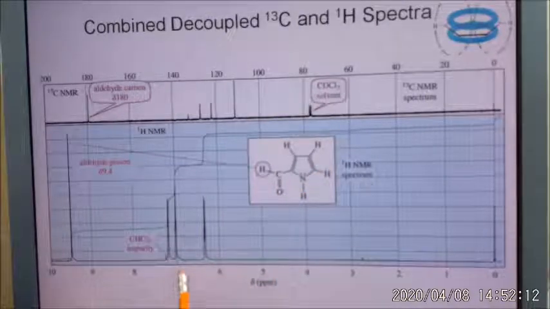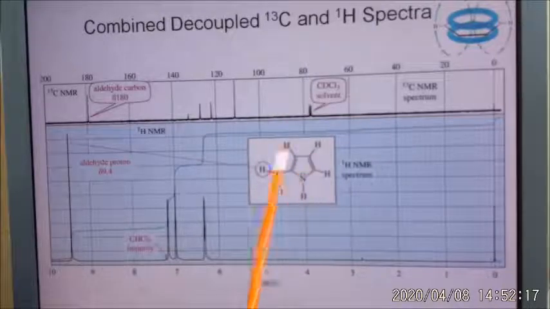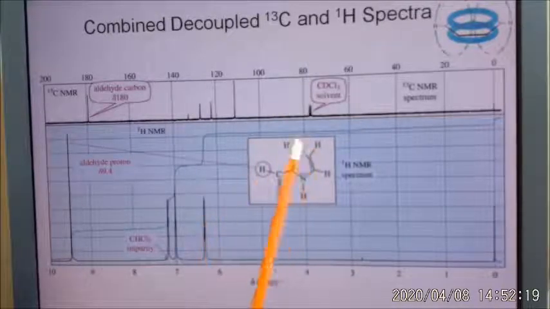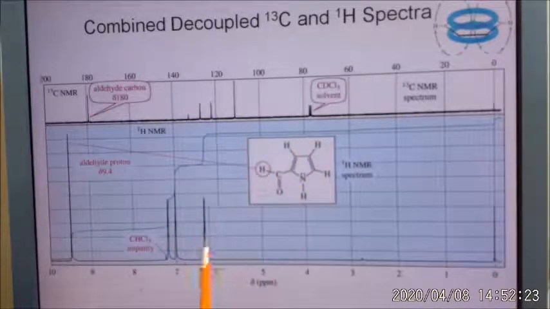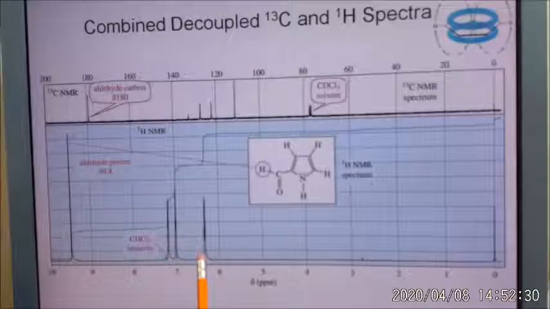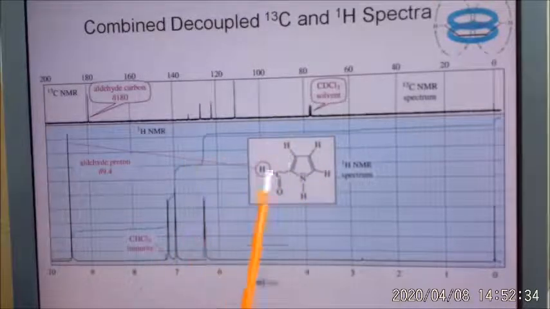Now, my question for you, let's see if I do this, it's a plus, that's a minus. This one is most likely that one. And these guys will be this one and that one, because if I have a minus sign there, the minus sign is going to make it upfield. So these 2 would be this carbon, or this hydrogen, then that hydrogen.